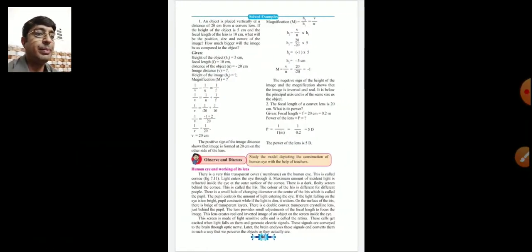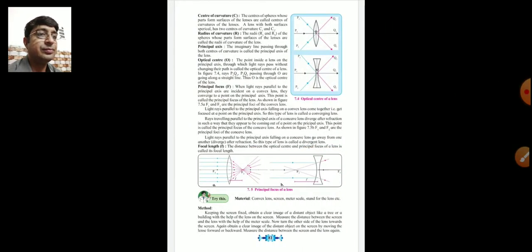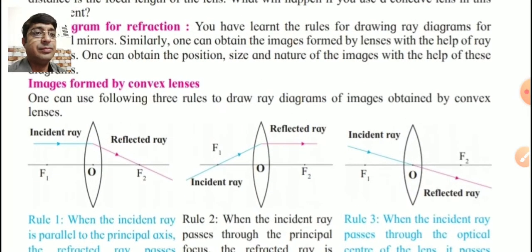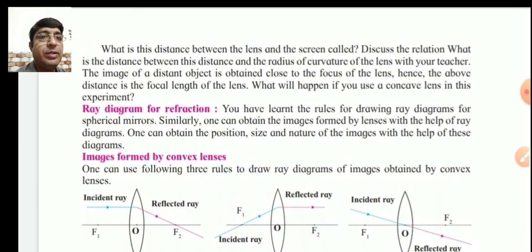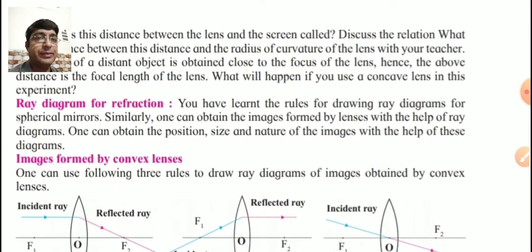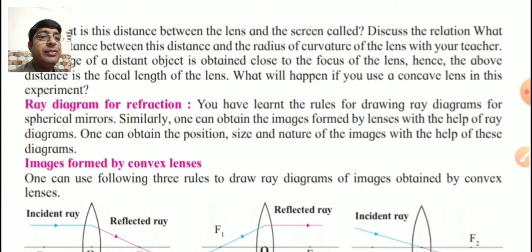Come back to our page number 82. Here, in that first paragraph, see what questions are given. Already we learned the answers of those questions. Next point: ray diagram for refraction.